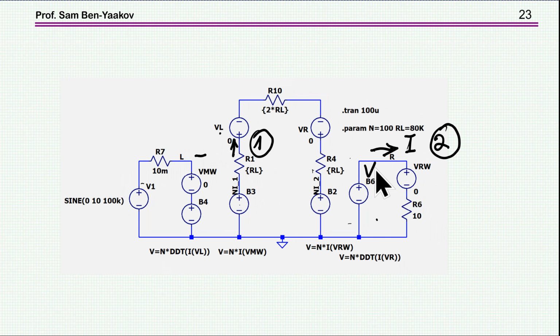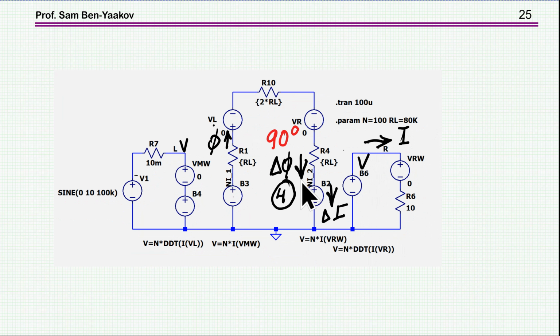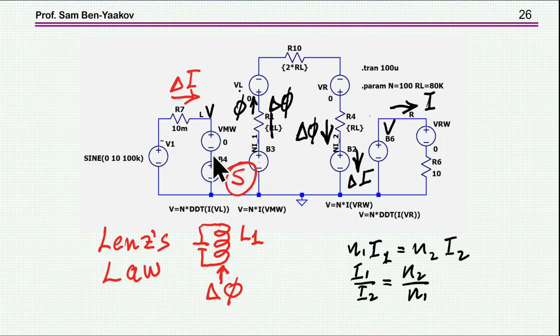Now we are starting to have a current because there is a voltage here and we have a resistor, so there is a current here. So this will be the second stage. The third one would be that this current now invokes an MMF, which is causing a change in the flux, which is transferred to the secondary through the core, and this change of flux is causing a current to build up according to Lenz's law.